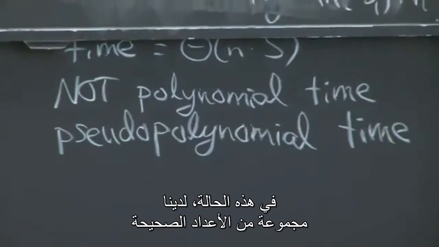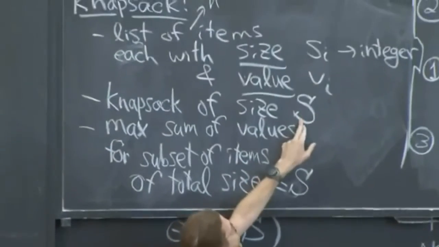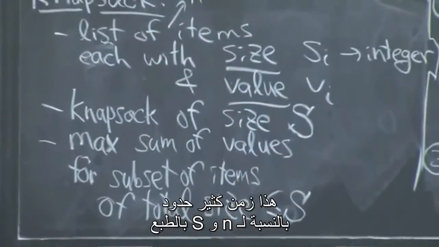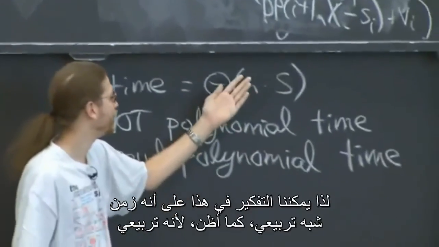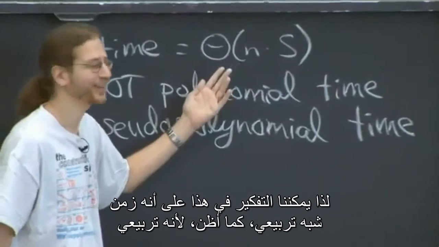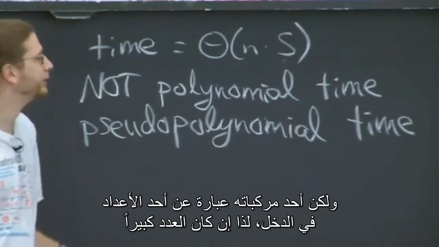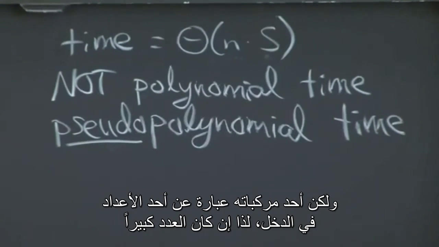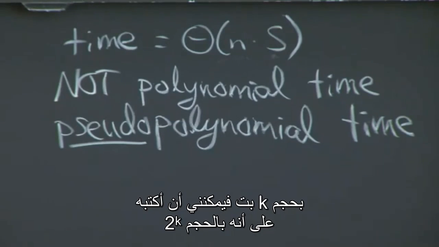So in this case, we have a bunch of integers, but in particular, we have s. And so there's s and the si's. This is definitely polynomial in n and s. It is the product of n and s. So you think of this as pseudo-quadratic time, I guess, because it's quadratic. But one of the things is pseudo, meaning it is one of the numbers in the input. So if the number is big, in k bits, I can write down a number that's of size 2 to the k.